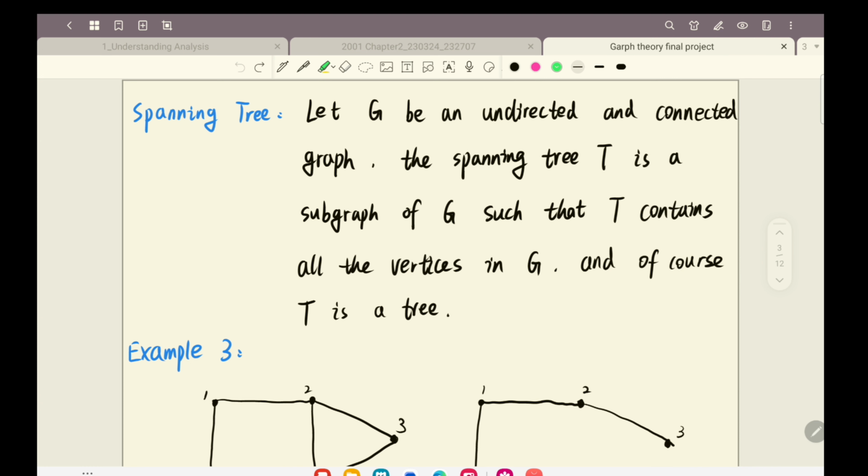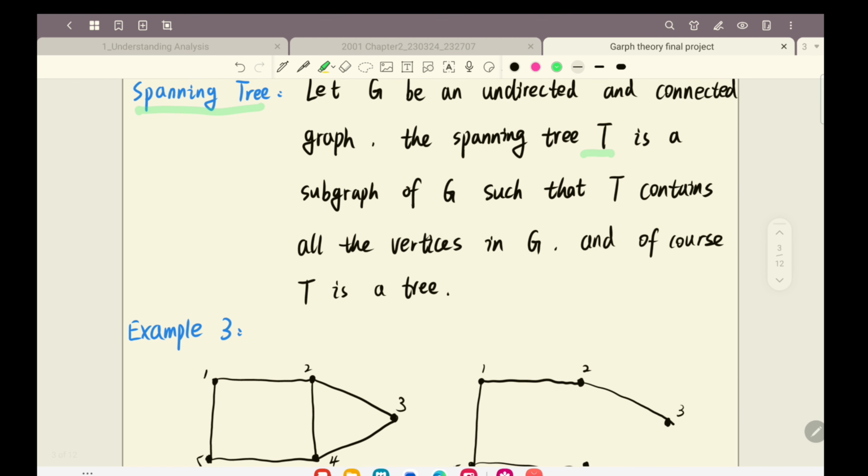So after we know the idea of tree, we need to know what is a spanning tree. For spanning tree, let G be an undirected and connected graph. The spanning tree, which we denote as T, is a subgraph of G such that T contains all the vertices in G. And of course, T is a tree, because T is a spanning tree.